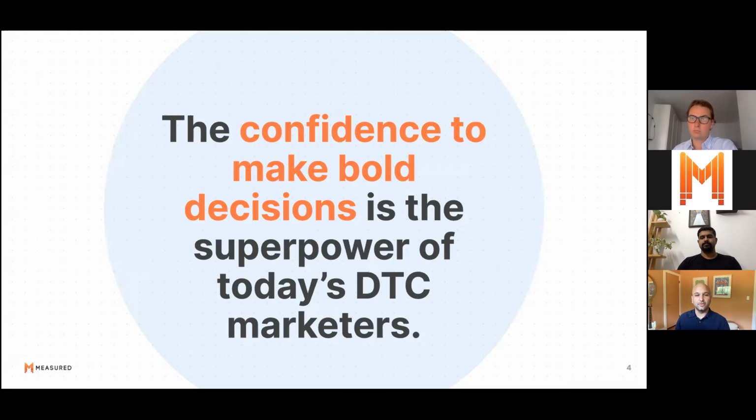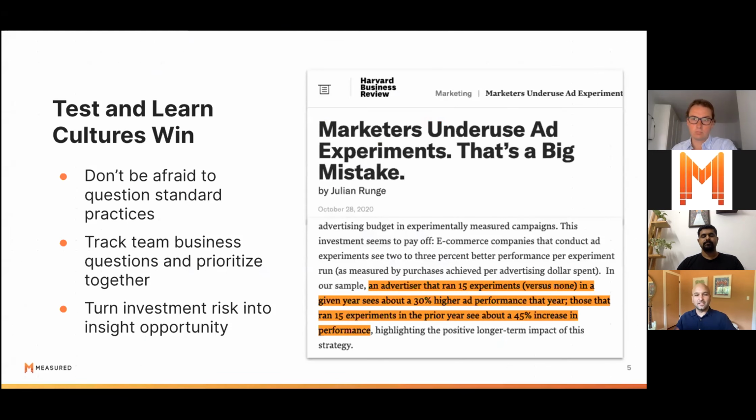Having the information you need to make those big decisions that sometimes may question even your most common practices ends up being a hallmark of the brands that we see finding the most success in their marketing spend in market.